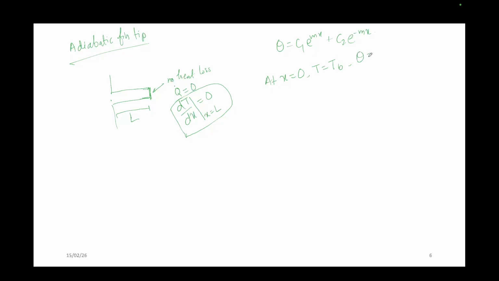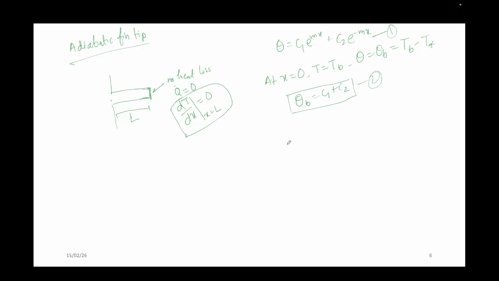More precisely I can write theta is theta_b, which is T_b minus T infinity, as in the previous case. This is nothing new. So I can write theta_b is C1 plus C2. So this boundary condition is the same in any case.